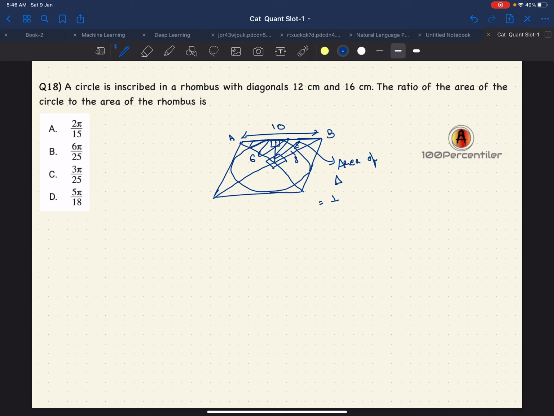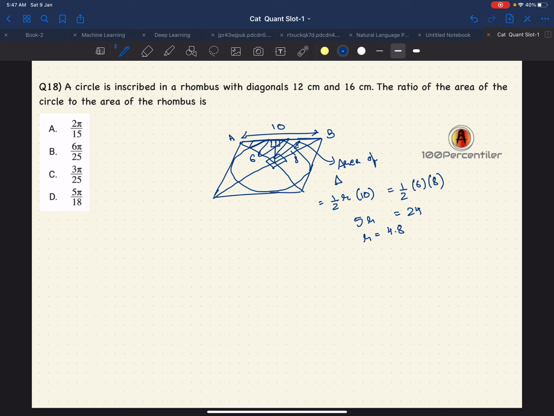This is nothing but half into this particular height, which is radius of the circle, multiplied by the base, but this is also equal to half into 6 into 8, because the two diagonals are perpendicular to each other. So this becomes 24, this becomes 5r, and therefore r is 4.8.